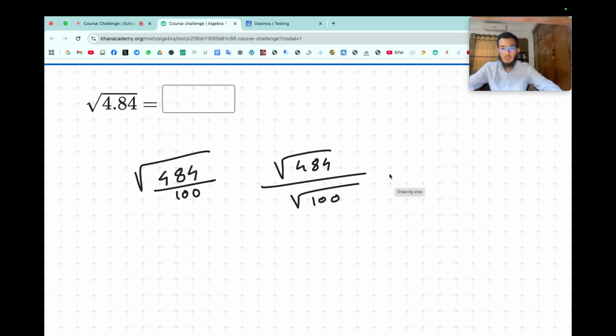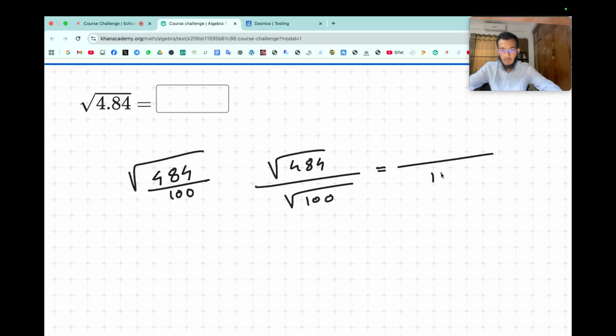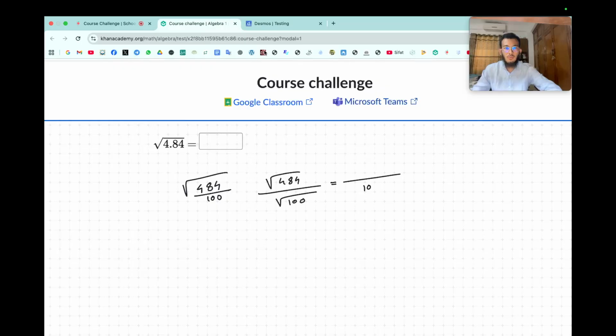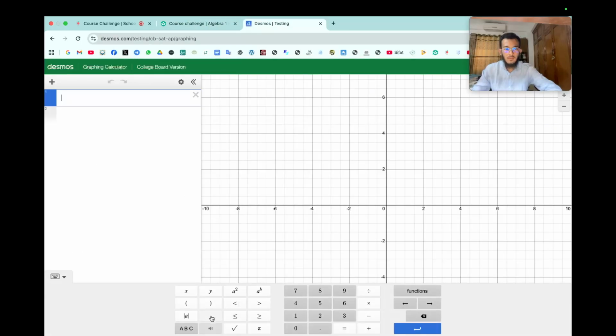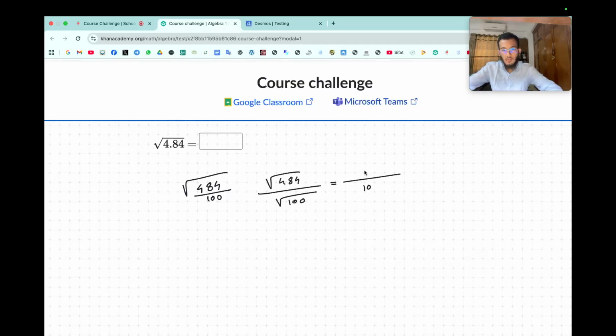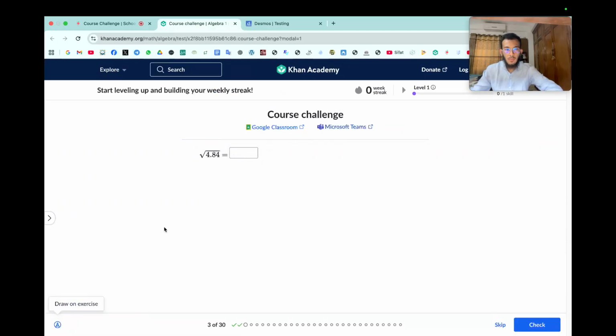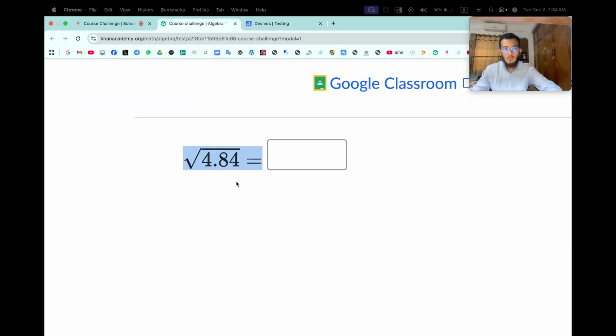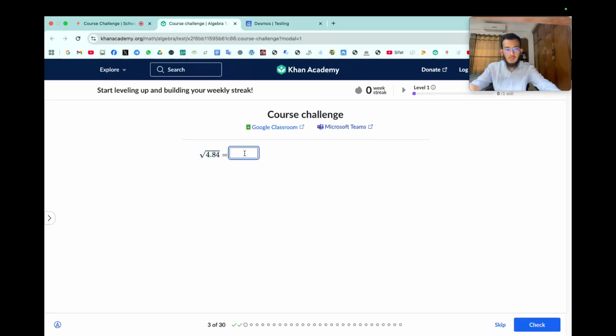And we know that root 100 is 10. And we have to find root 484. So in order to find root 484, let's see, it's 22. So 22 divided by 10 is 2.2. So our answer should be 2.2. Let's check the exact thing. Yeah, it's 2.2. So our final answer is 2.2.